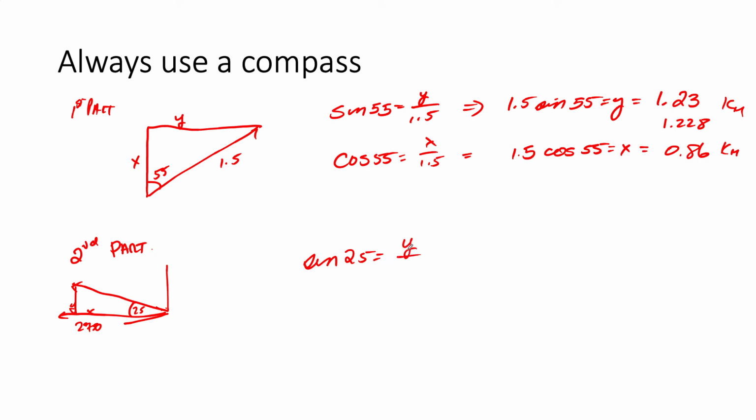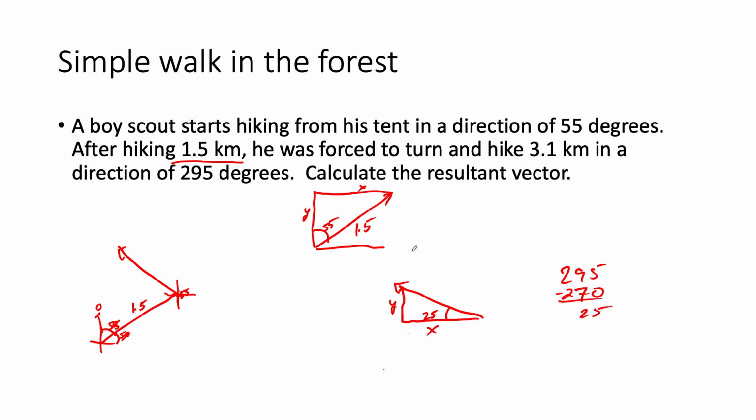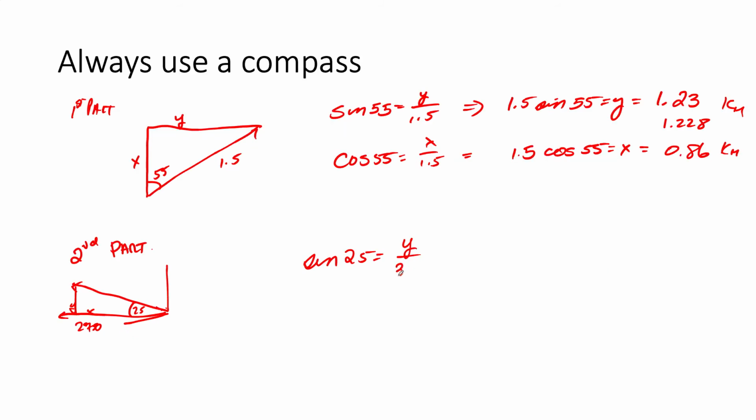Y over, and I believe that answer is going to be 3.1. So sine of 25 times 3.1. That's going to give me 1.31 kilometers.